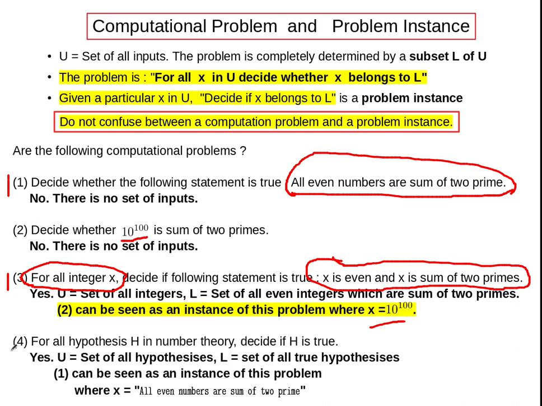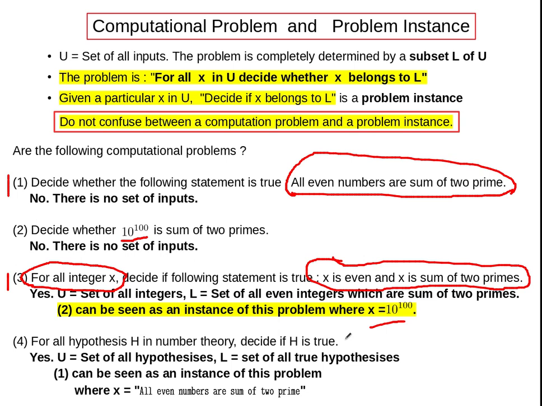Now consider 4. For all hypotheses H in number theory, decide if H is true. A hypothesis you can see as an input. You can write it down using some mathematical notation.